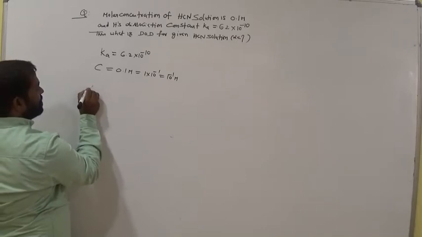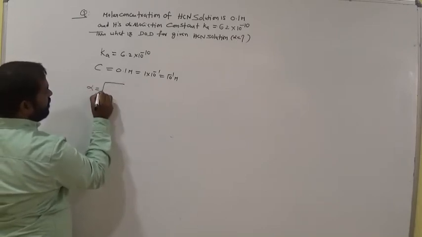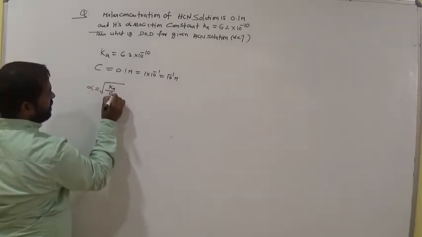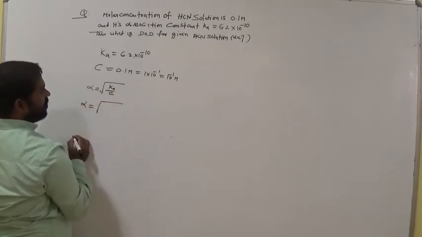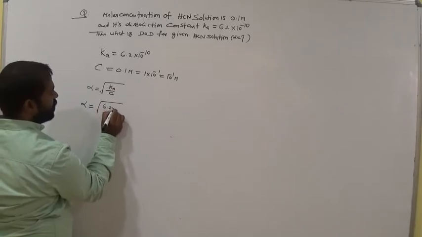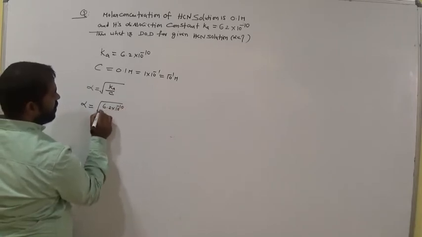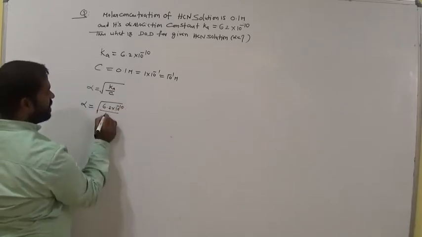Now, what is the relation? Alpha equals square root of Ka by C. Now alpha equals how much? Square root of, what is the value of Ka? 6.2 into 10 power minus 10. What is the value of C? 10 power minus 1.